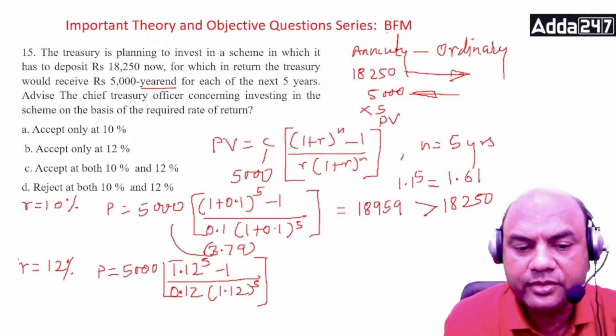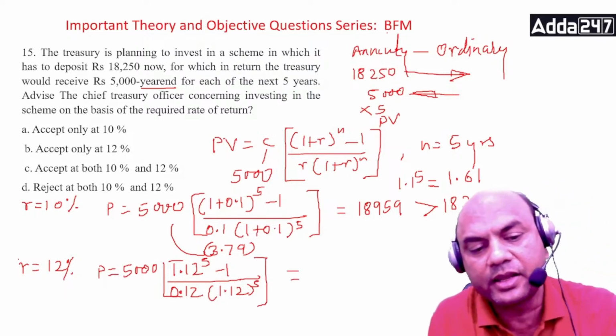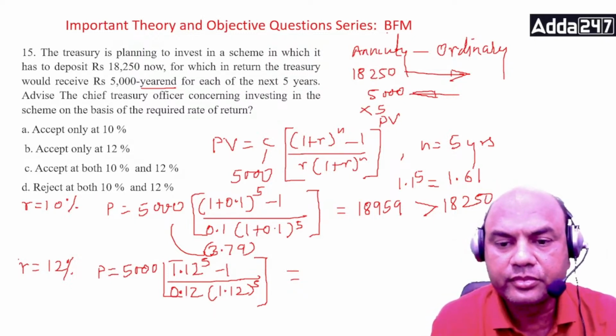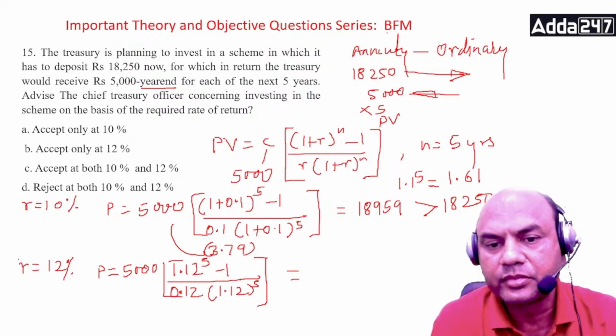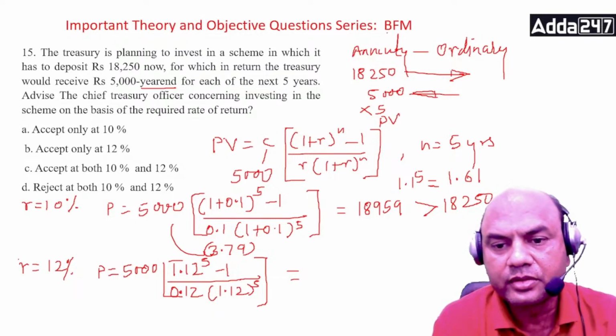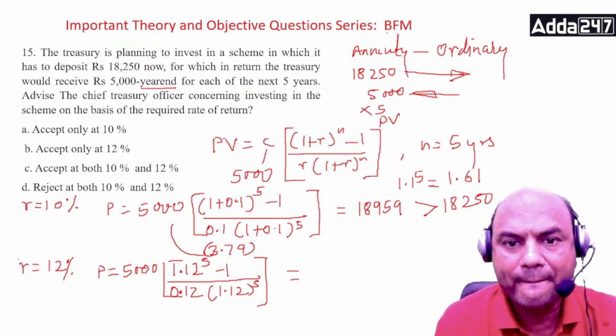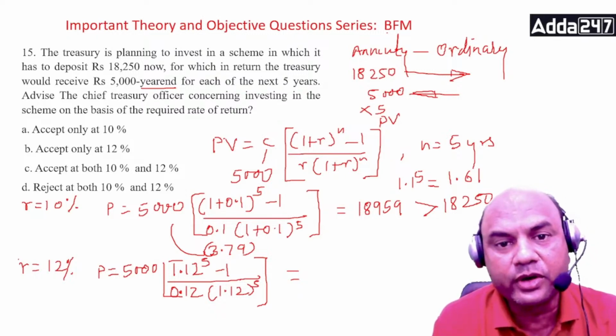Solve this everyone. Now give me the answer directly. Everyone be fast. So 1.12 raised to 5, how much are you getting? 1.76, right?